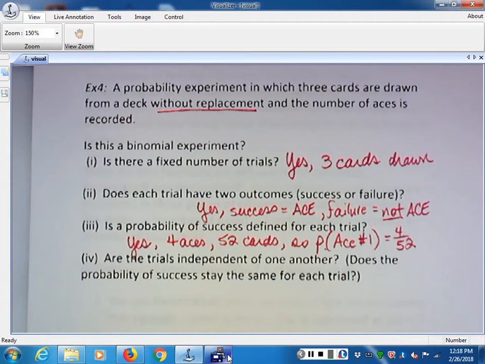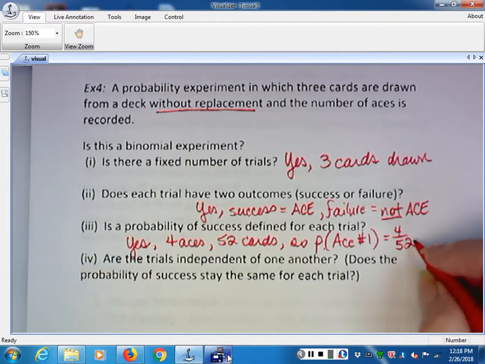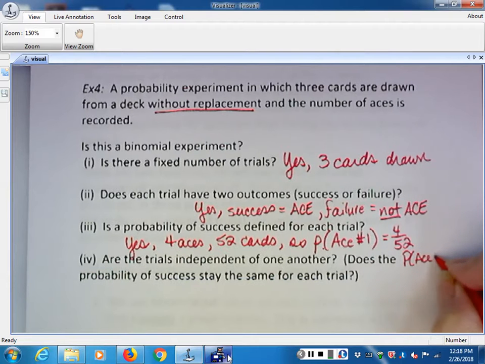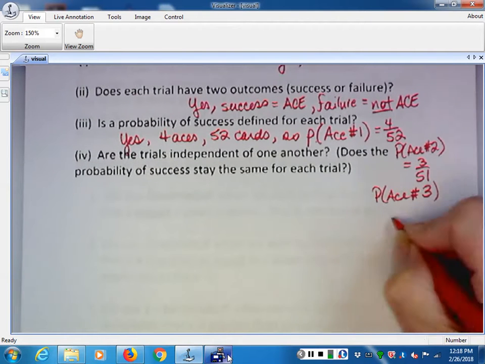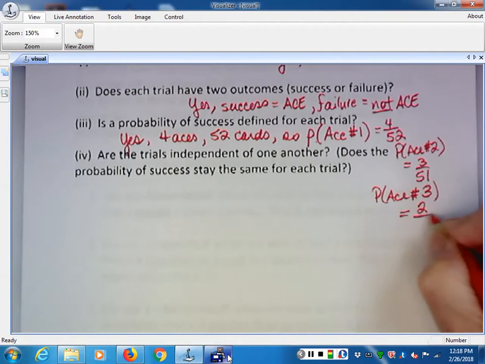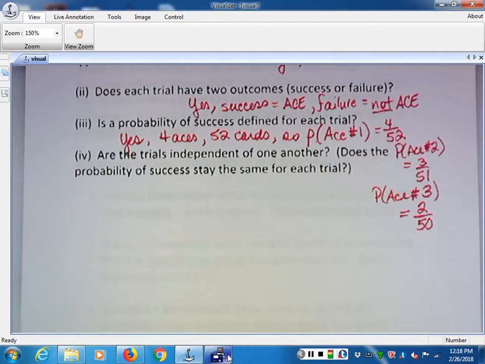But what is the probability for ace number 2? 3 out of 51. And the probability for ace number 3 is 2 out of 50.